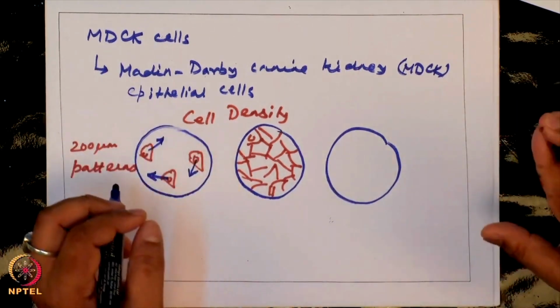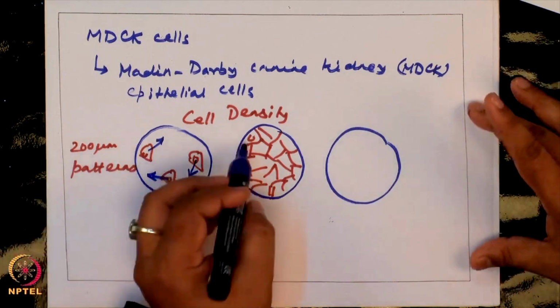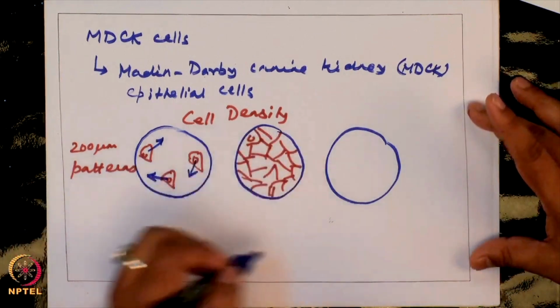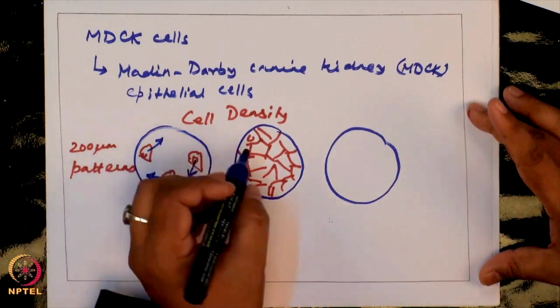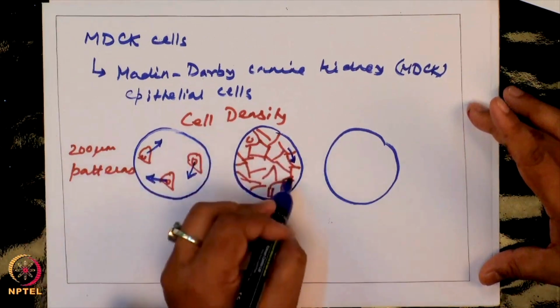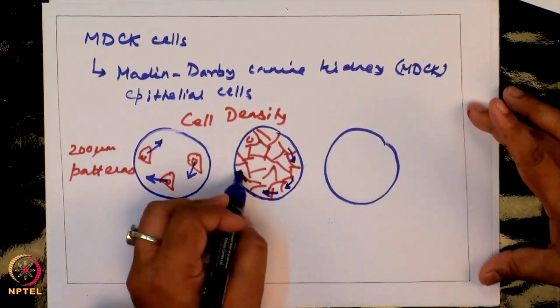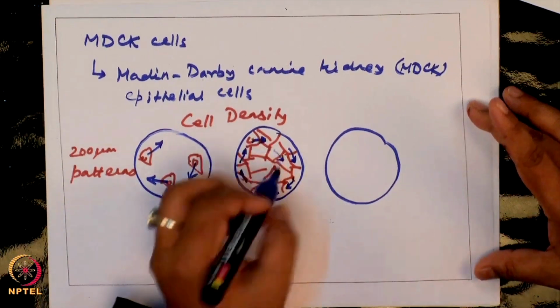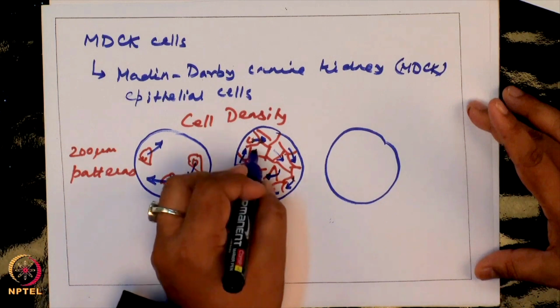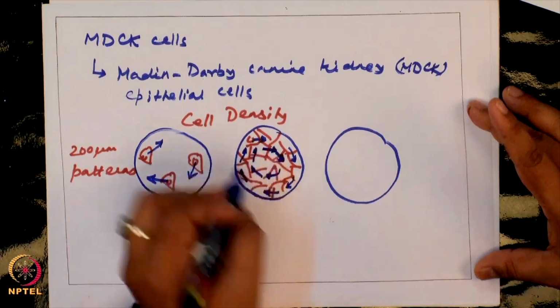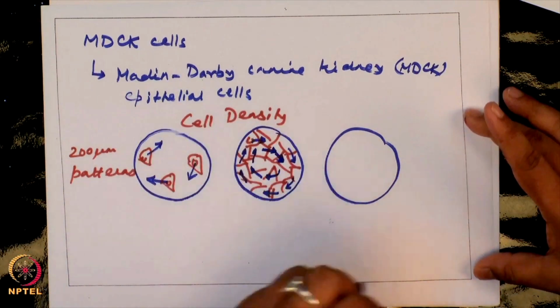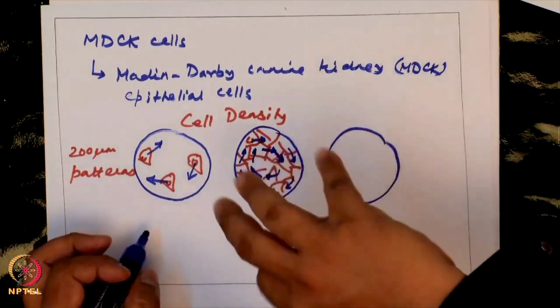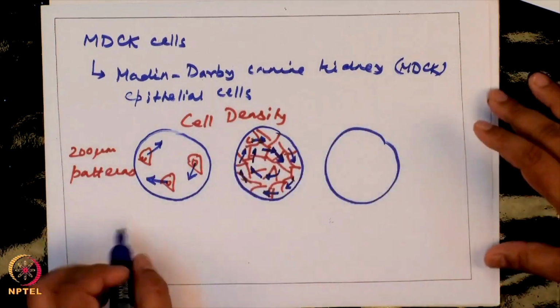What you see is once you reach confluency, these cells exhibit what is called CAM, and that means that they migrate in a tangential direction in the pattern. It is almost like a group of cells exhibiting this rotation.